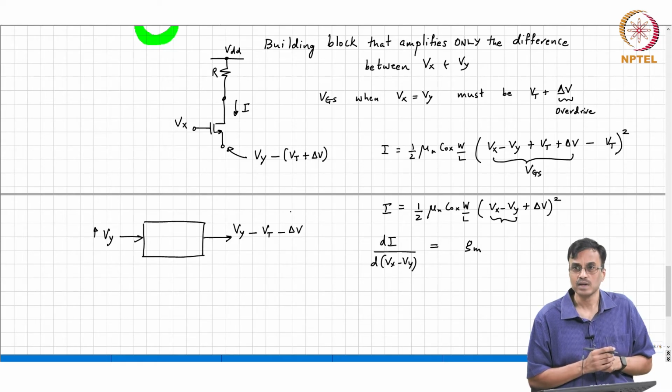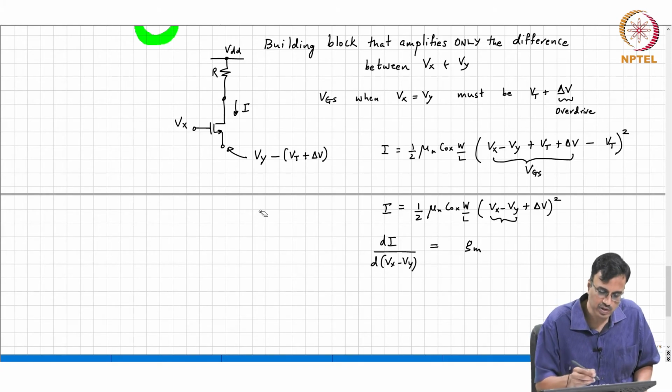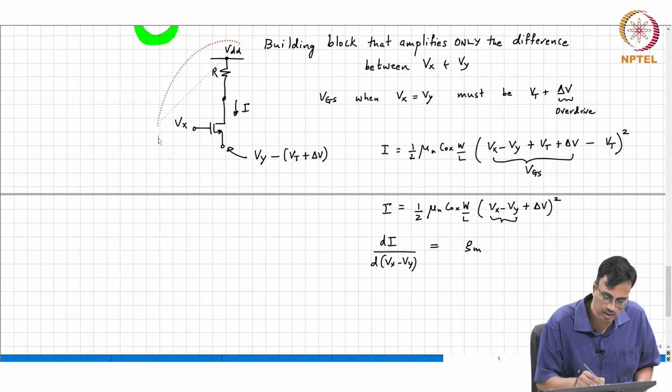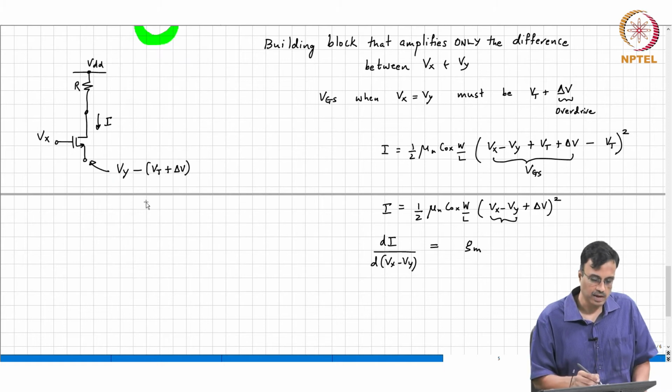The common drain amplifier. Is this clear? Okay. So, basically, how do we generate this? This guy here?